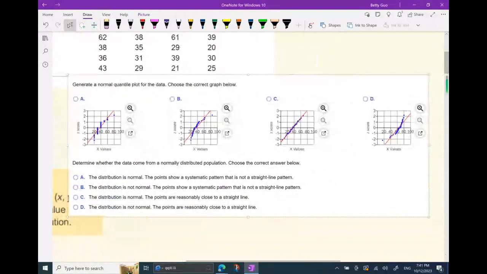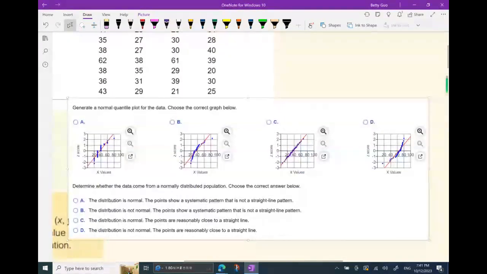You would not be able to know which one before you actually have the QQ plot constructed using the technology, right? So we have to construct our own and compare our plot with those four and choose the one that is the same as our plot. That's the first thing.